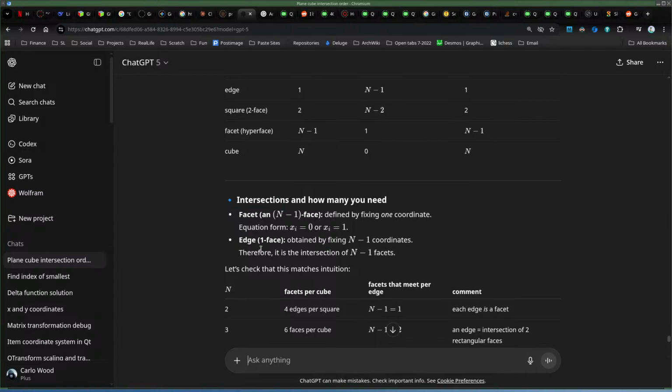An edge is a one face obtained by fixing n minus 1 coordinates. So yeah, if you fix a coordinates, then n minus a, then you get an n minus a face.